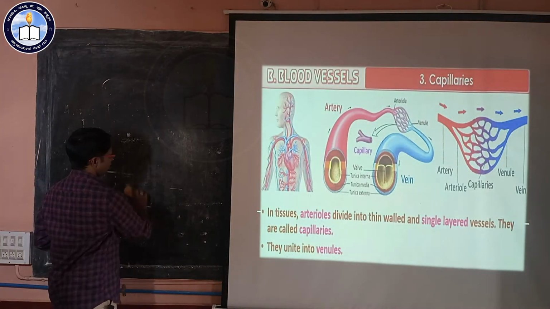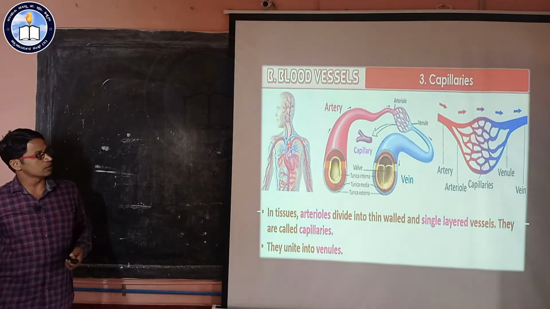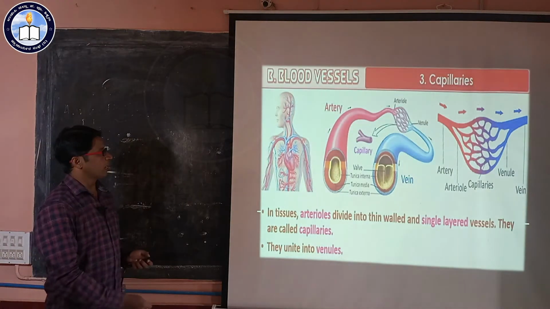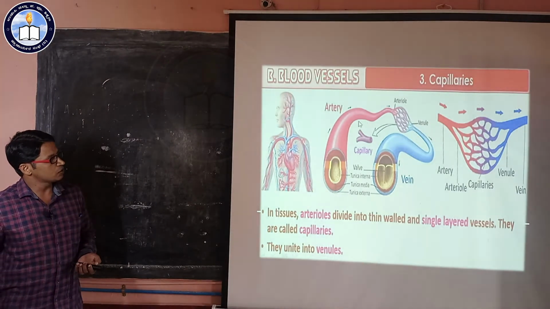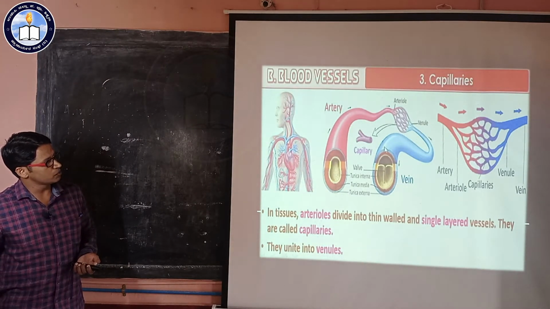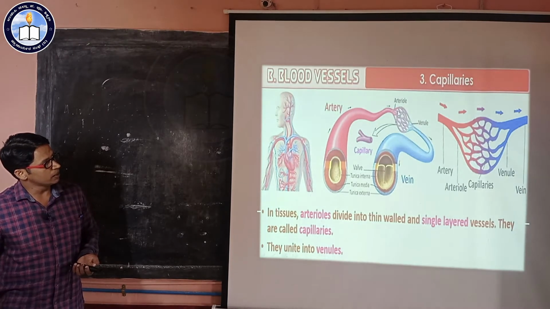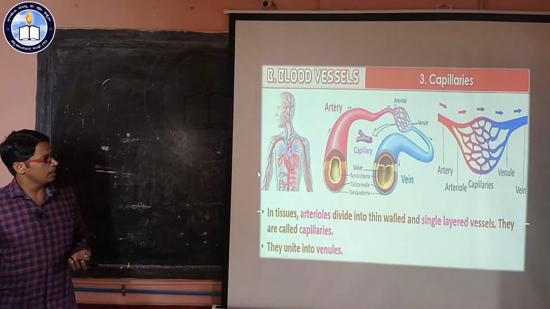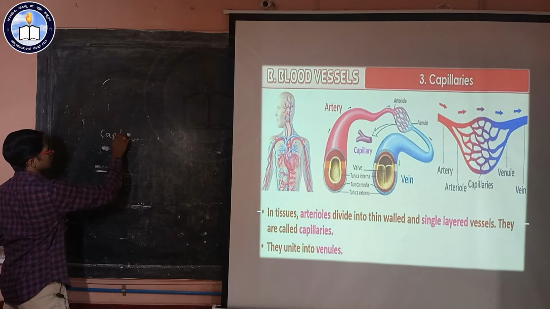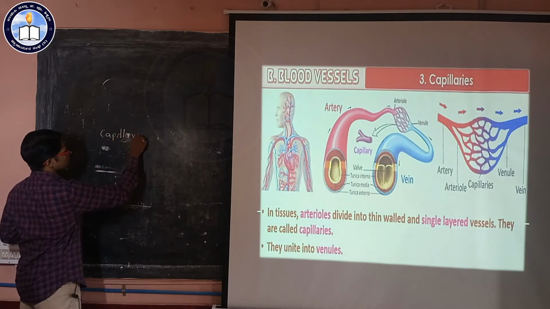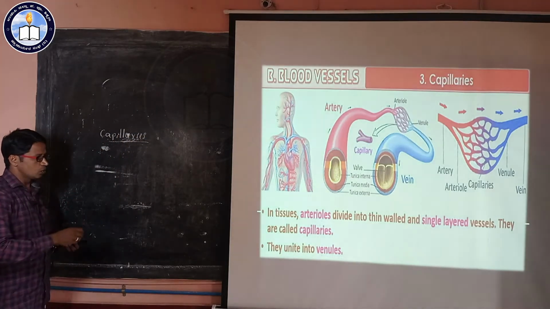Arteries ಆಯ್ತು, veins ಆಯ್ತು, next ನಾವು ನೋಡುವಂಥದ್ದು it is the capillaries. ಚಿತ್ರದಲ್ಲಿ ಕಾಣಿಸ್ತಾ ಇದೆ, arteries are branched into arterioles and veins are branched into venules. ಇವೆರಡರ ಮಧ್ಯ there is a presence of capillaries, ಲೋಮನಾಳಗಳು.